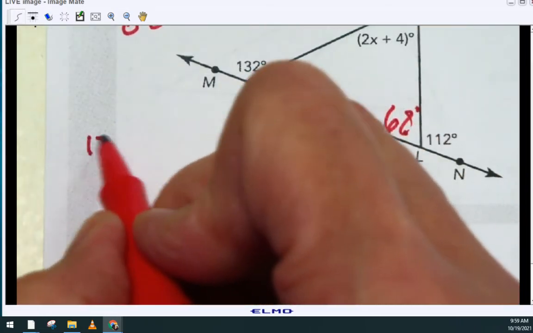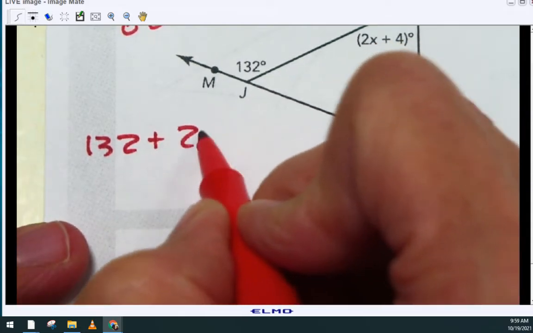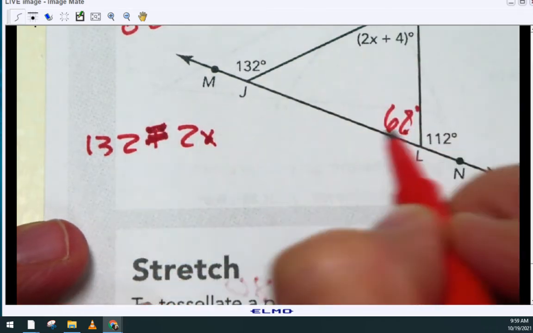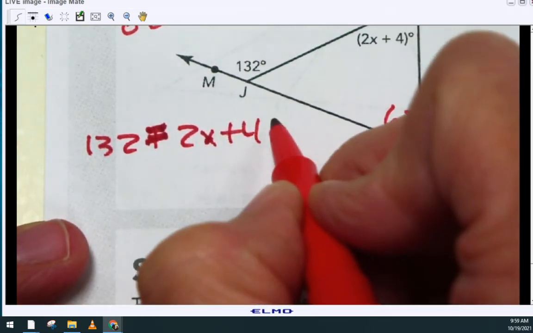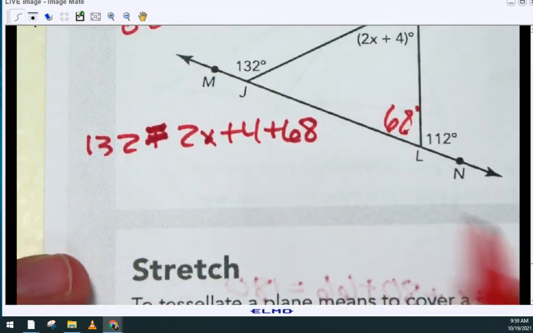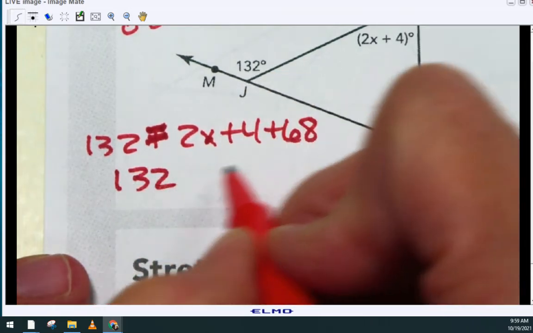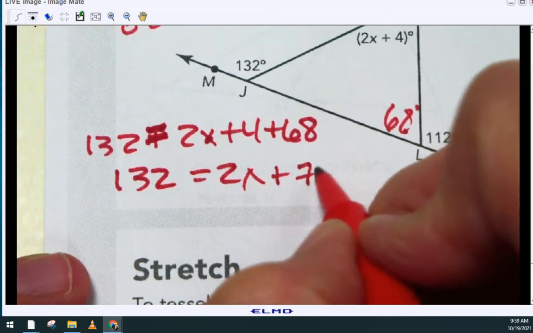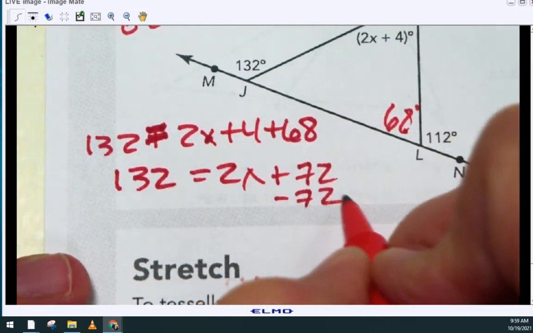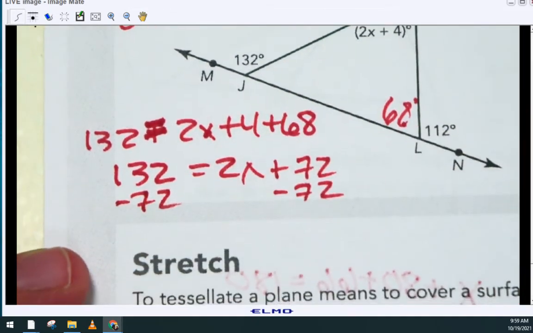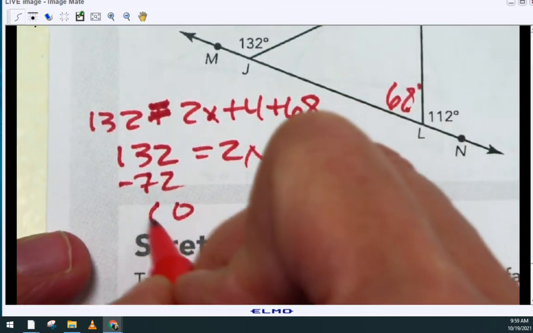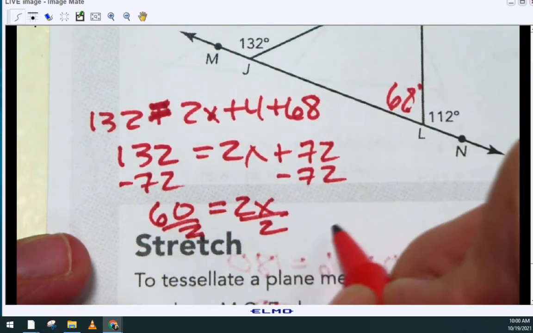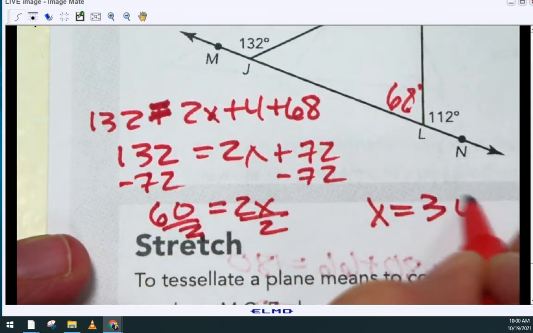So I have 132 equals 2x plus 4 plus 68. So I get 132 equals 2x plus 72. I had to make sure that I was showing it to you. Subtract 72 from both sides. I get 60 equals 2x. Divide by 2. And I get x equals 30.